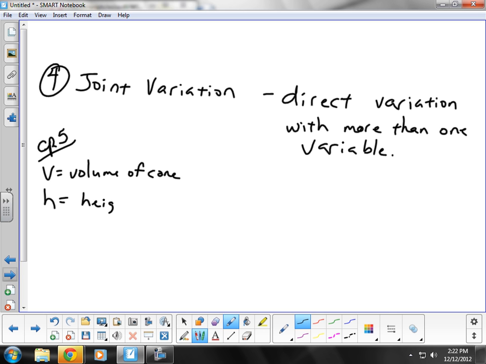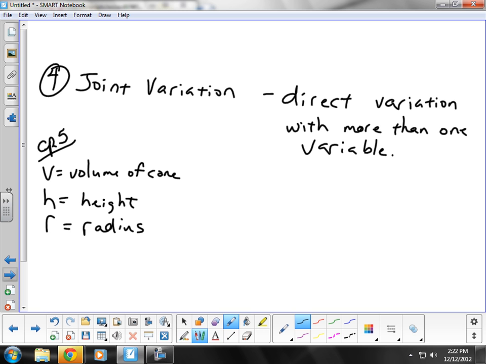They tell me in this problem what variables to use. And the square of its radius. R stands for radius. Again, I think that's essential. You need to take the time to write your variables and put what it stands for over to the side. It really will help.